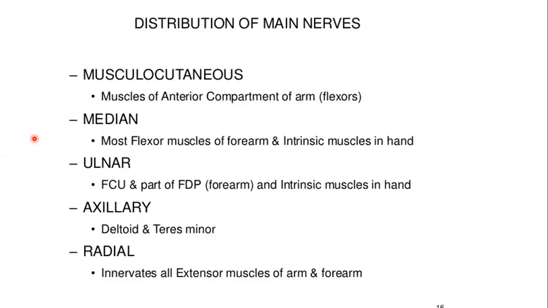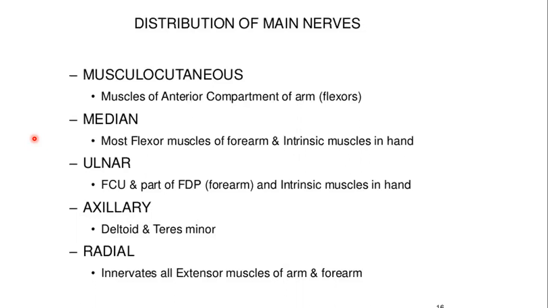Similar is the case with the ulnar nerve, and it supplies the flexor carpi ulnaris and part of the flexor digitorum profundus. These are muscles of the forearm, I will show you in a while. And then the intrinsic muscles of the hand, it is also a long nerve and is distributed up to the hand.